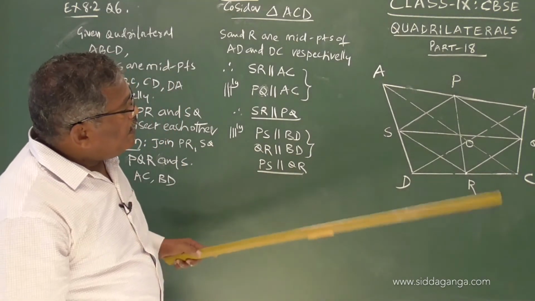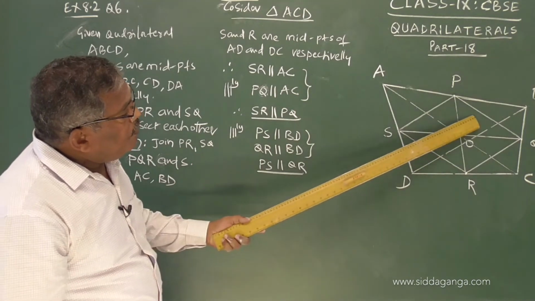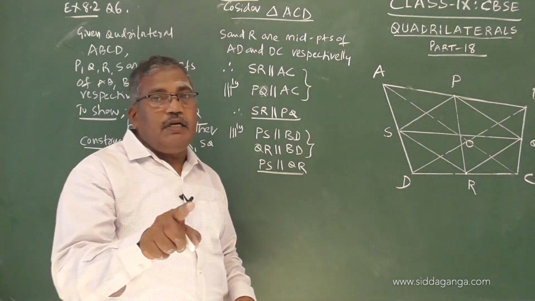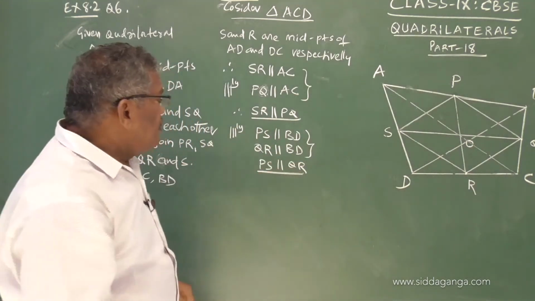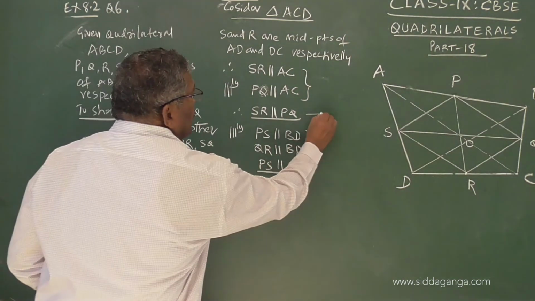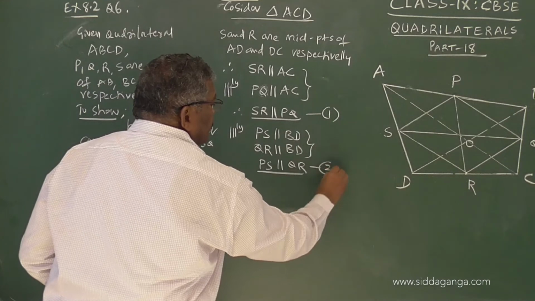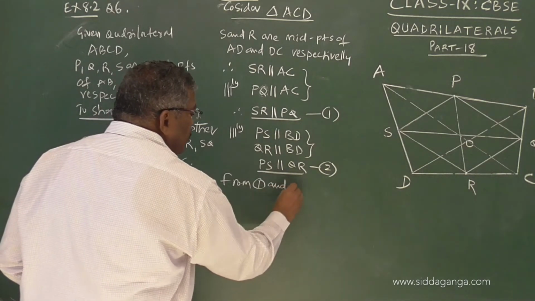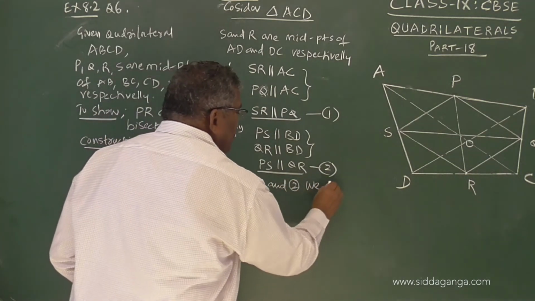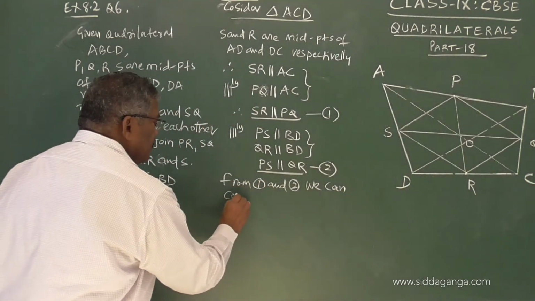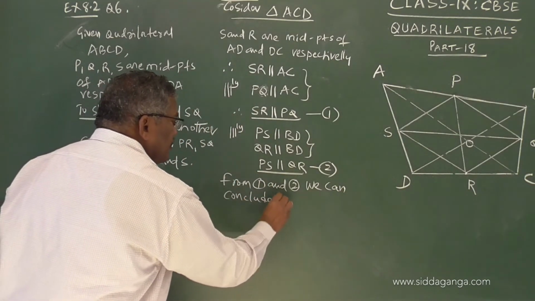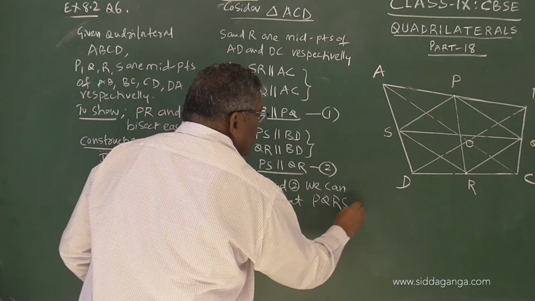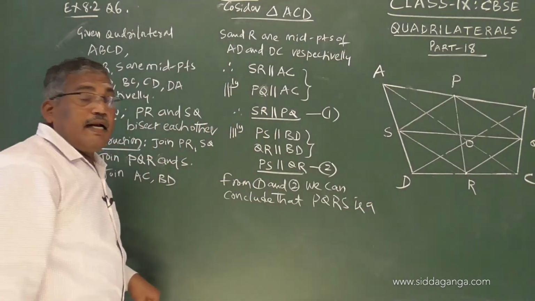Now SR is parallel to PQ and PS is parallel to QR. When pairs of opposite sides are parallel, so from 1 and 2, we can conclude that PQRS is a parallelogram.